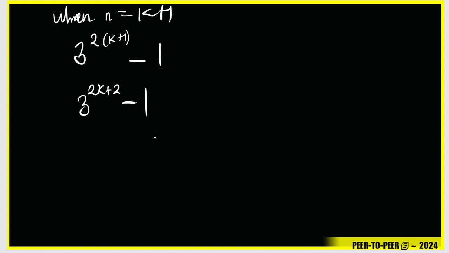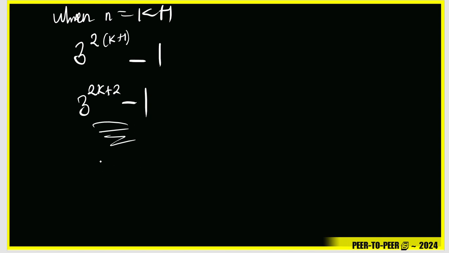So we need to prove that this expression is divisible by 8 by using the inductive hypothesis. If you're able to prove this, then the proposition given is indeed true.